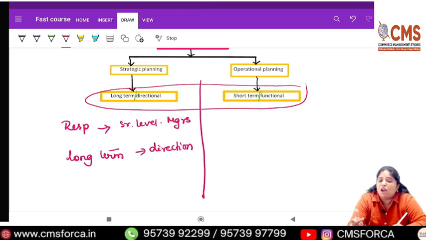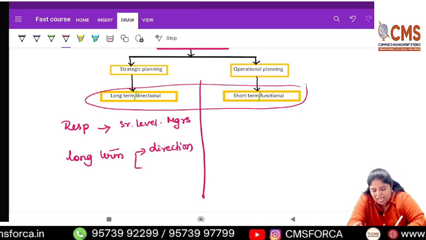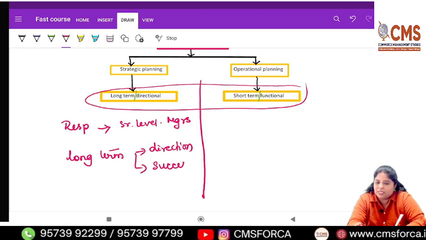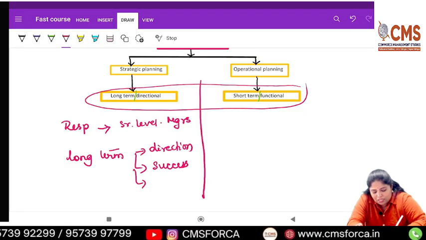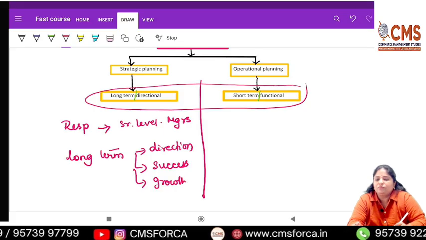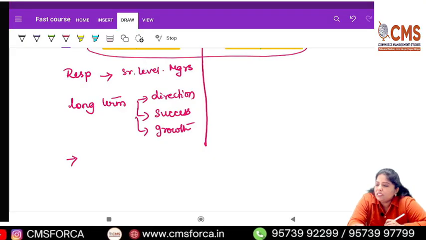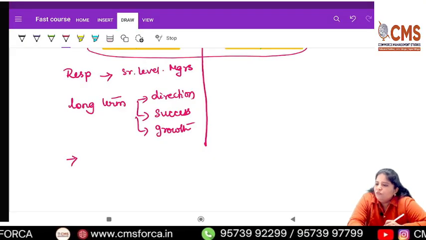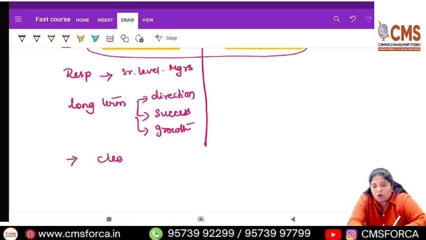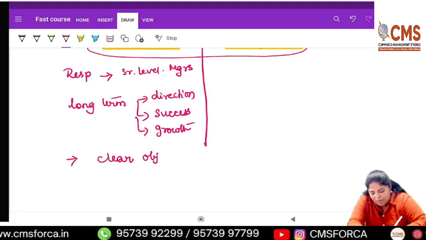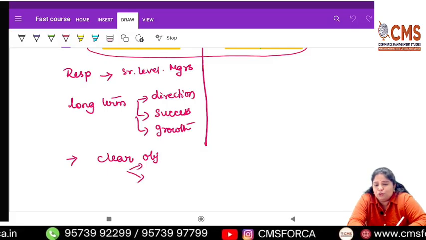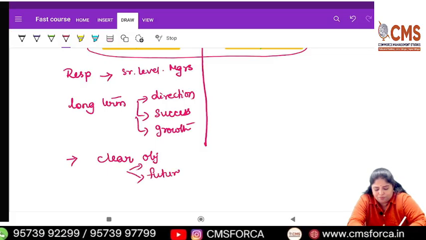A good, strong strategic plan always guarantees long-term success and long-term growth. And one more benefit of having proper strategic planning done, we have very clear objectives and very clear future direction.